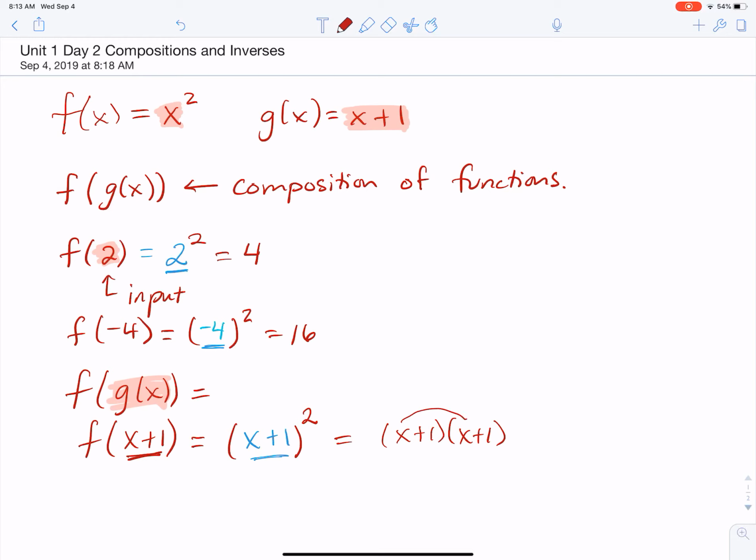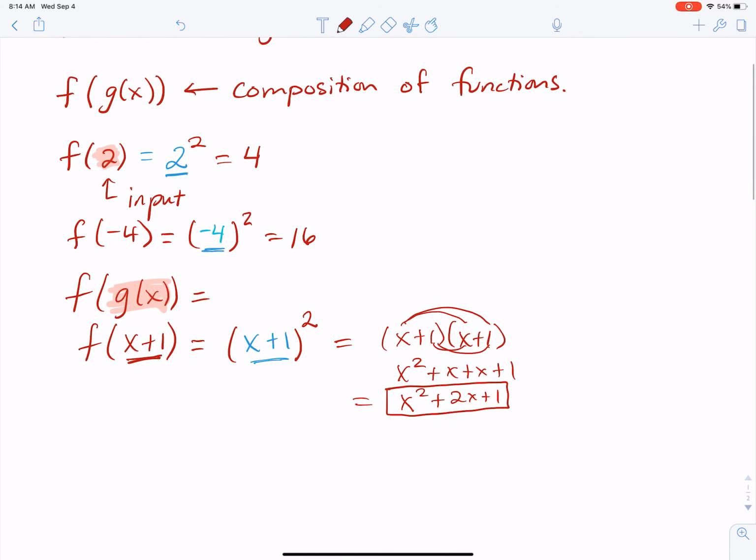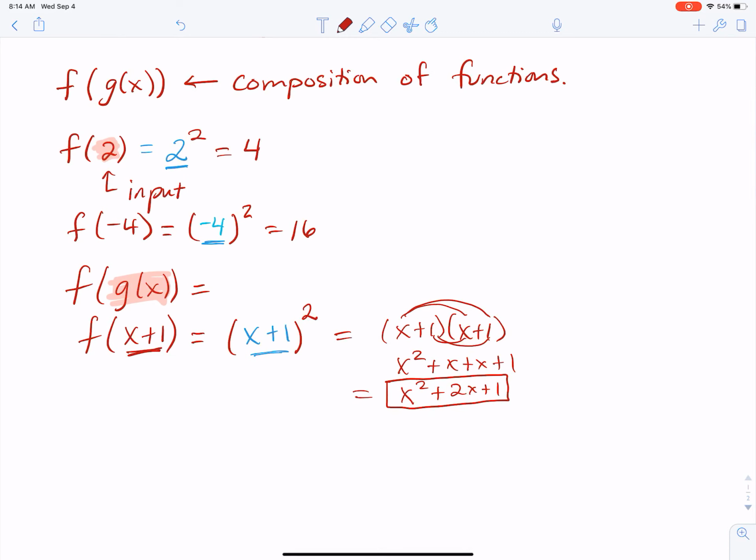So we're going to do x times x, x times 1, 1 times x, and 1 times 1. And so we're going to get x squared plus 2x plus 1. So this would be our final expression for the composition of f of g of x.